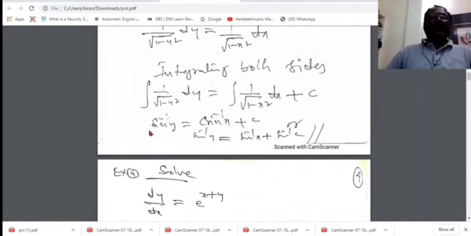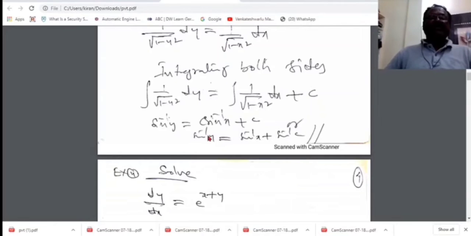Now, integration of 1 by square root of 1 minus y square is sine inverse of y. That means the derivative of sine inverse of y is 1 by under root of 1 minus y square. So sine inverse of y is equal to sine inverse of x plus c. Here c can also be replaced by sine inverse of c. So this is the required solution of the given differential equation.